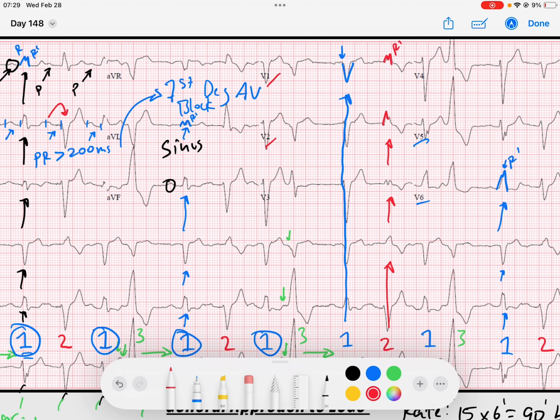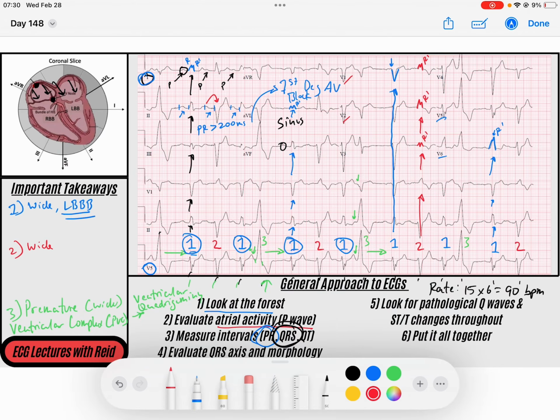In V1 through V3, we've got these R primes. And we know that morphology is more consistent with a right bundle branch block. That's interesting, because those are telling us that our late force is going towards V1, V2, V3.